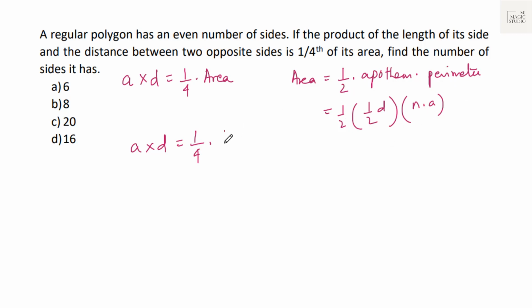Area of this is 1/4 D into N into A. AD cancel. N equals 4 into 4, 16. Number of sides of this particular polygon we are talking about is 16. Option D is the pick.